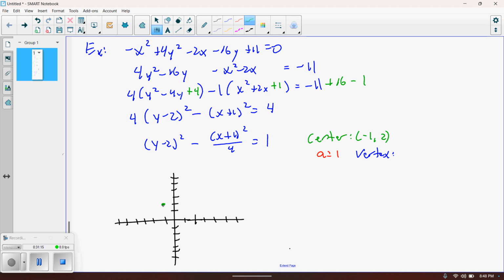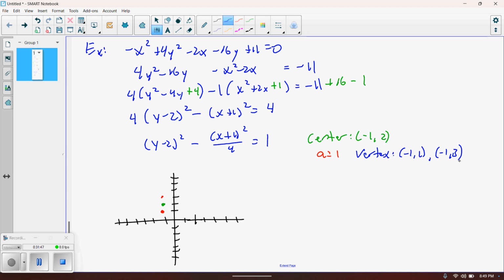Again, the fact that A is 1 hasn't changed. It means we need to move up and down 1 from the center. It does, however, mean that the vertices that I originally had written were completely off. So this one is going to be at the point -1, +1, and -1, +3. Yeah, that looks much, much better.